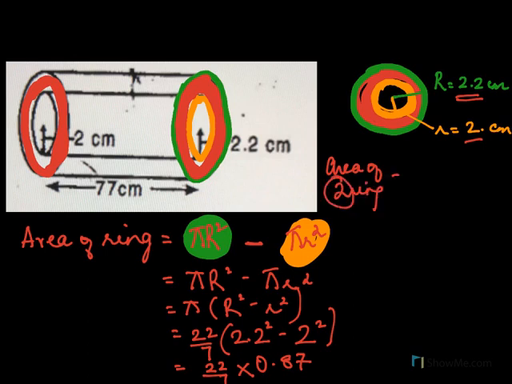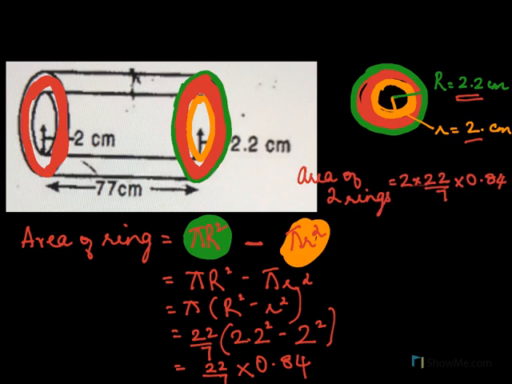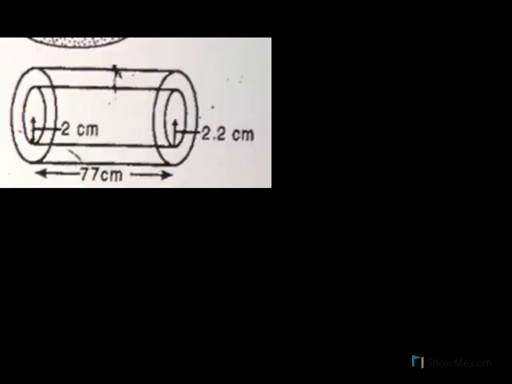And the area of two rings will be 2 into the area of one ring, and that works out to be 5.28 centimeters square.